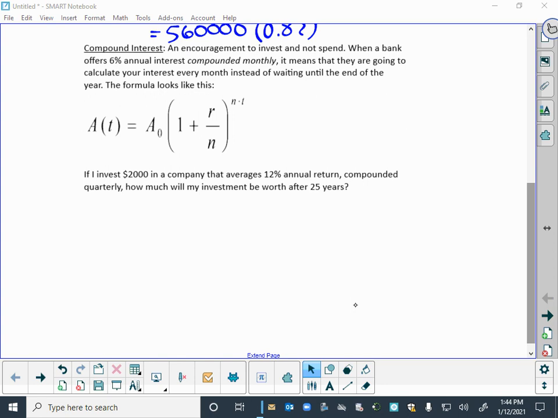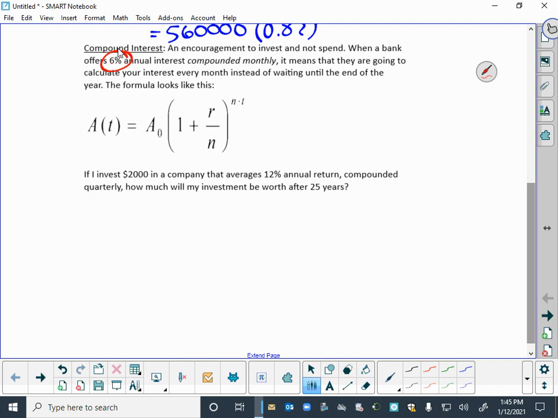Now, of course, if it's like we say here, 6%, they're not going to give you the 6% every day or every week or month or quarter. They're going to give you an appropriate percentage of that.